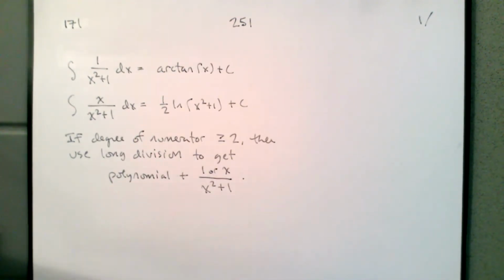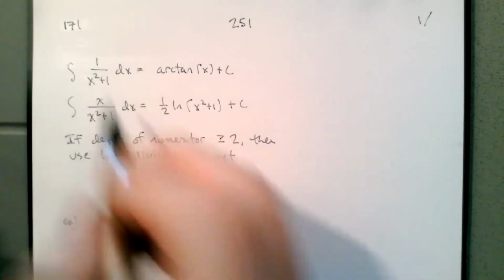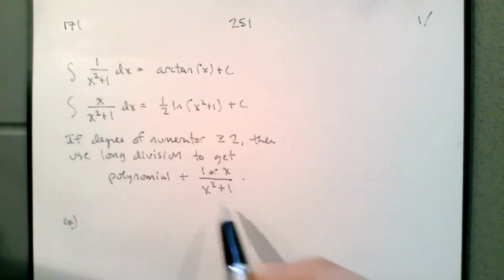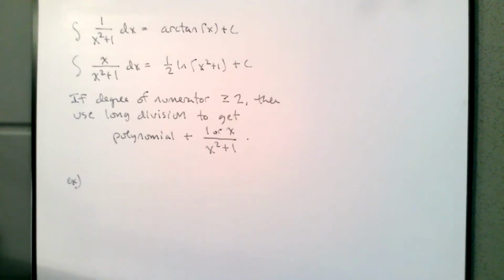So for example, let's see. These are the examples we did last week. If I have a combination of these two, we're going to use the fact that integration is a linear operator and just separate it out.